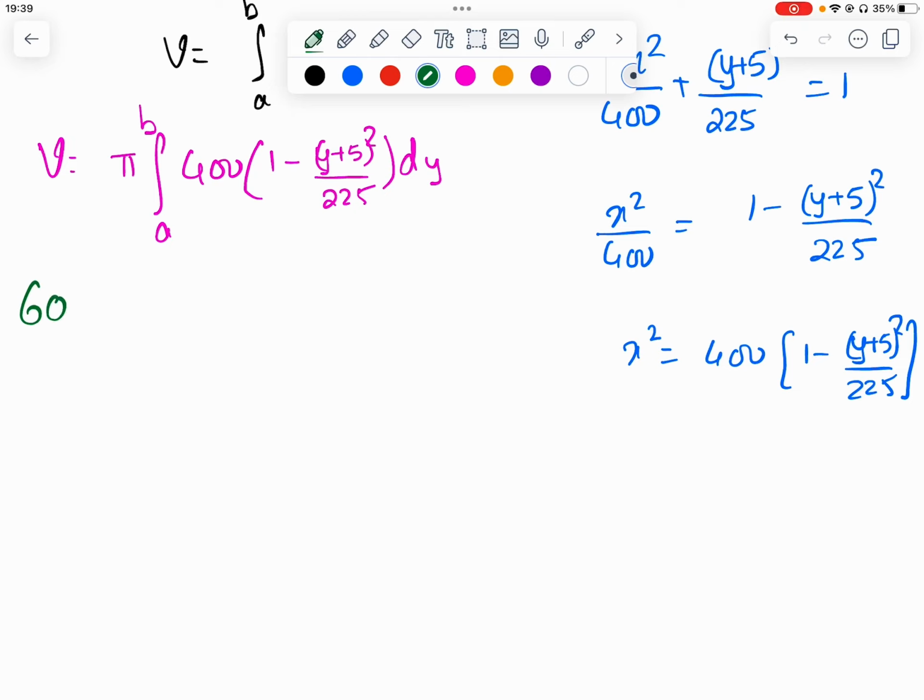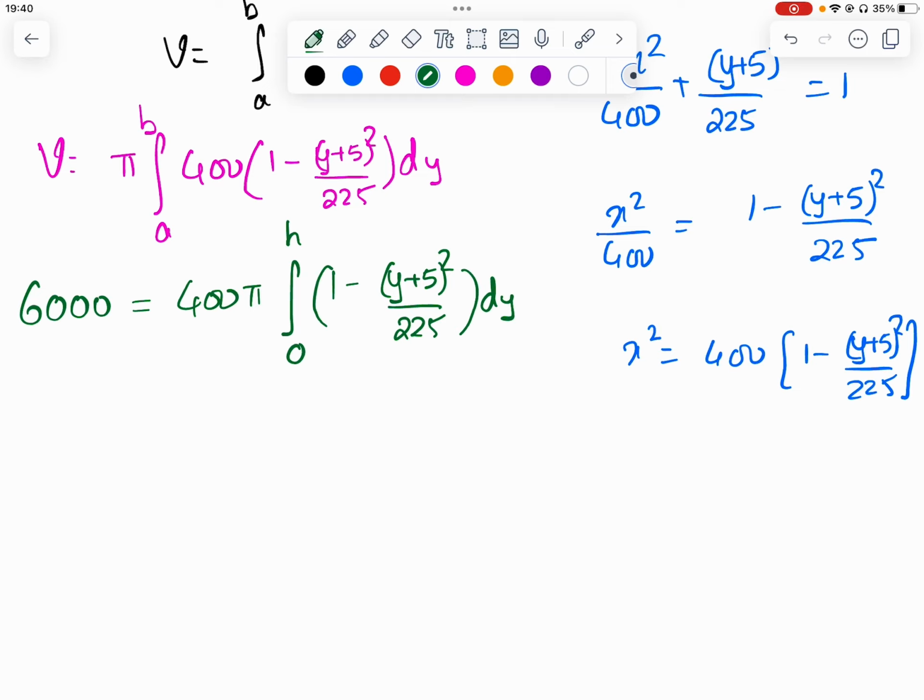So 6,000 equals 400 pi integral. What is the condition? The limits. What are the limits? 0 to h, because a is 0, height is h. 0 to h, 1 minus (y plus 5) whole square upon 225 dy.